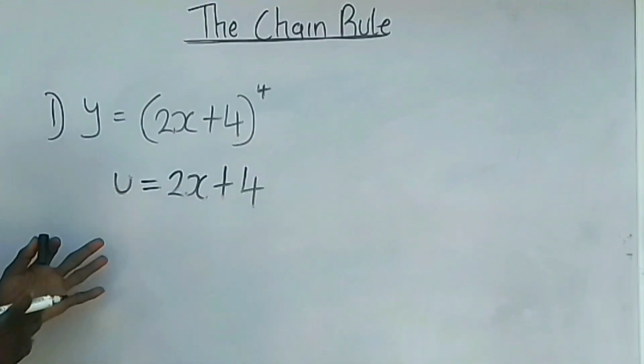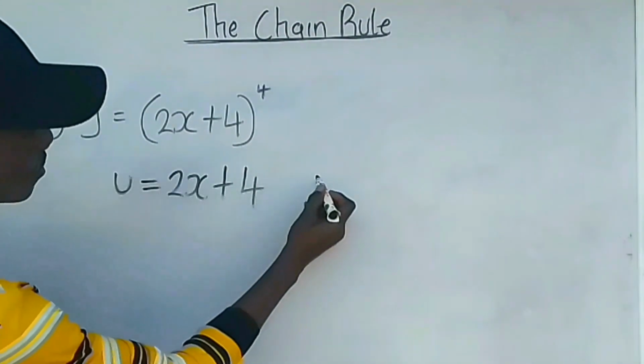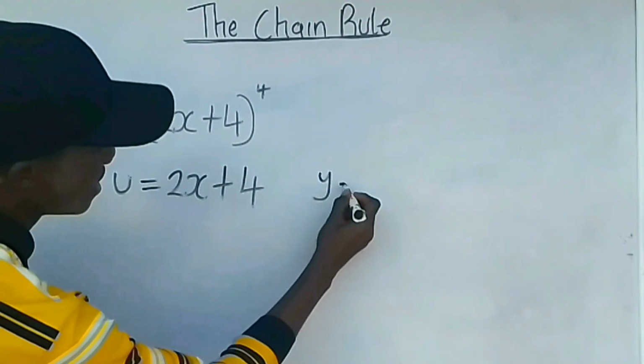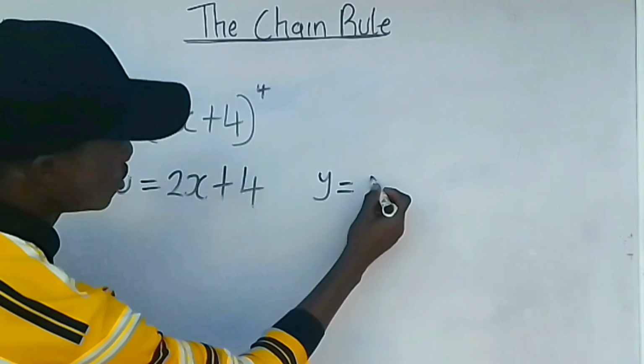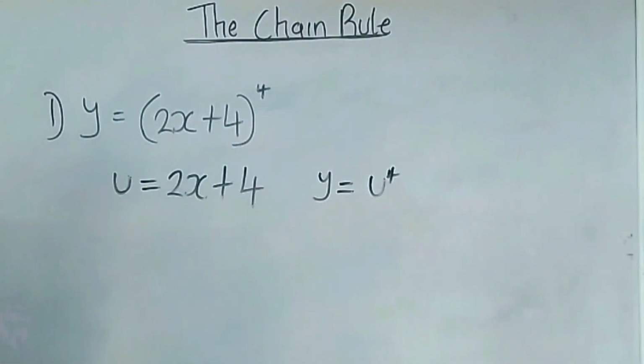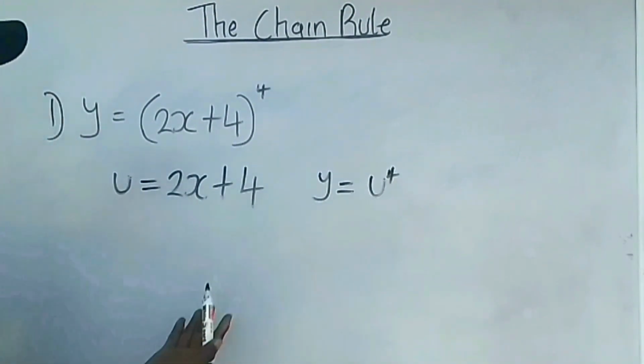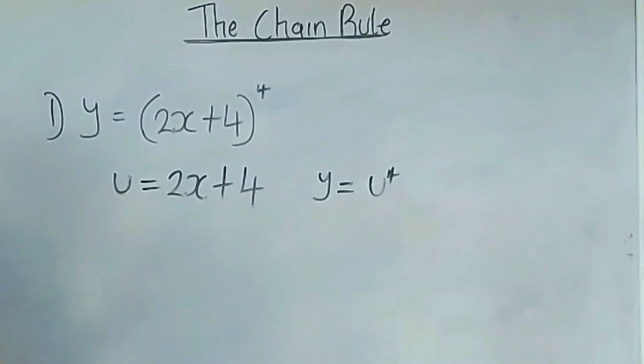Since I have set the inner function as u, then y will be equal to u raised to the power of 4. So in that case, this is the inner function and this is the outer function. Now the next step is to differentiate the inner function and the outer function respectively.